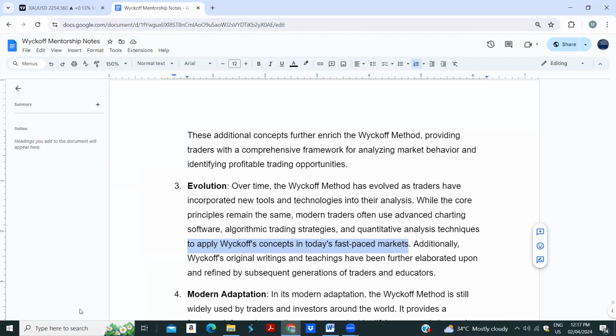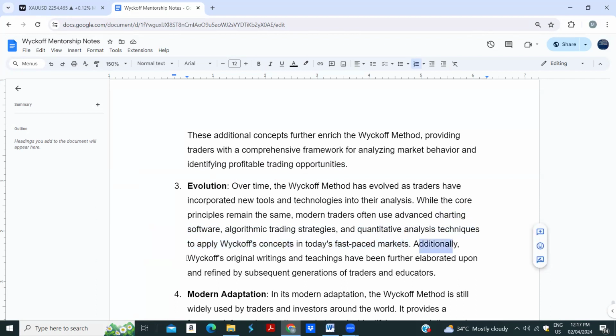The core principles, or the general principles, remain the same, but modern traders often use advanced charting software like TradingView and others to track the volume and price activity of institutional traders. They also use algorithmic trading strategies and quantitative analysis techniques to apply the Wyckoff method in today's fast-paced markets.